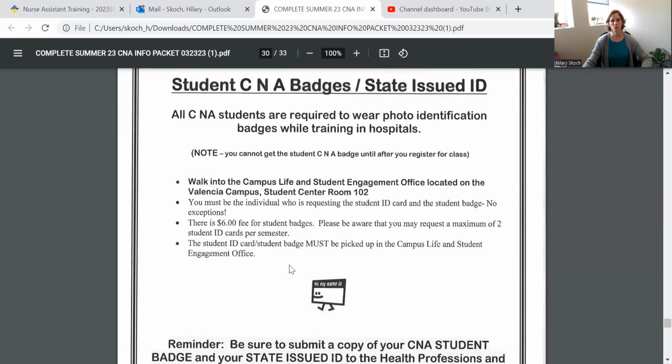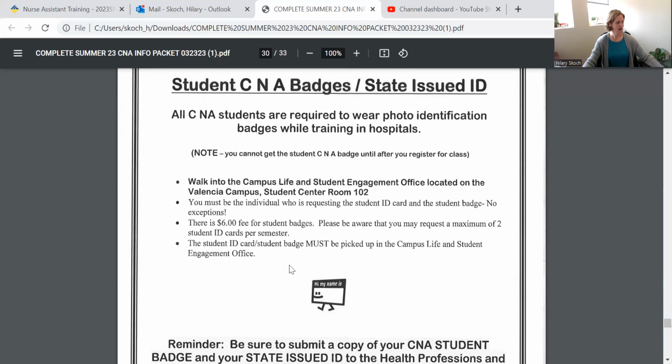Also, to be worn during clinical days and lecture days is your student CNA badge, which you can pick up in the Student Engagement Center near the bookstore on Valencia campus at College of the Canyons. You will need your photo ID, and it does cost $6.